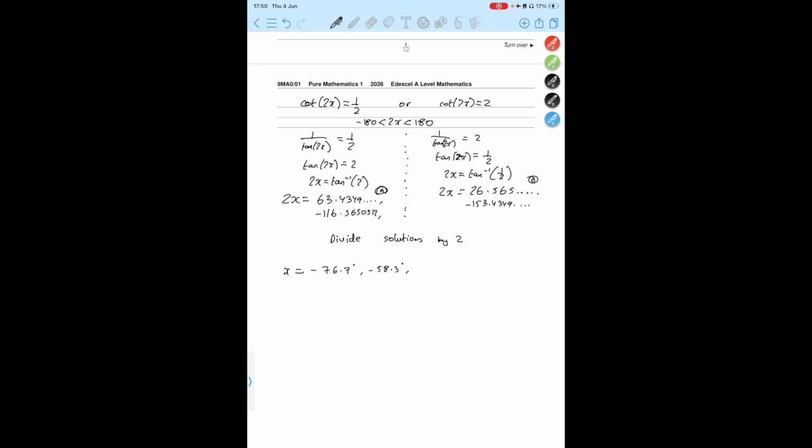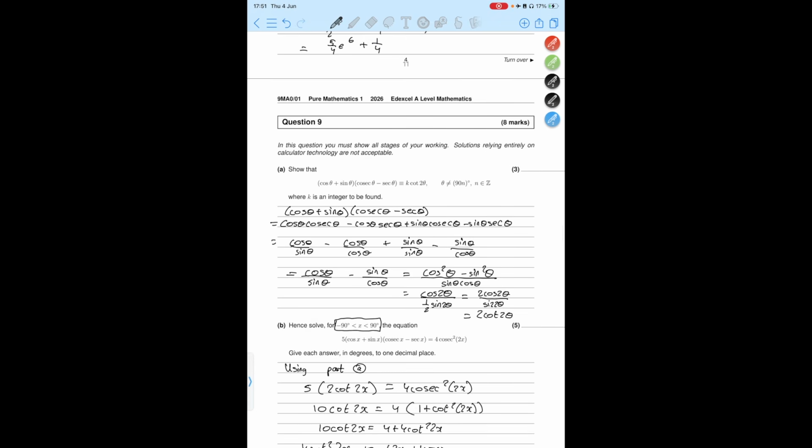The next one is B divided by 2, which is 13.3 degrees. And last of all, A divided by 2, which is 31.7 degrees. All to 1 dp.